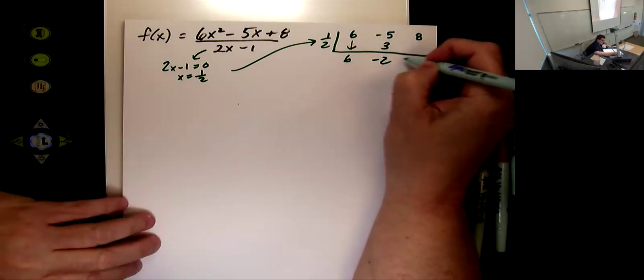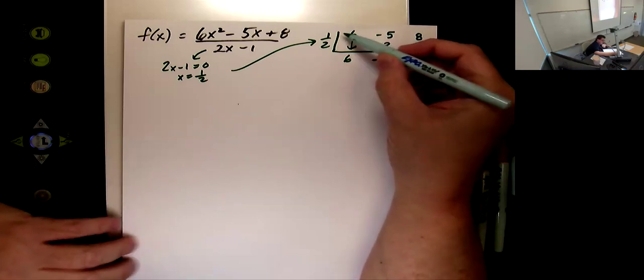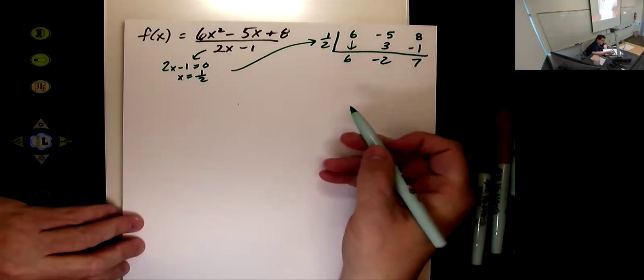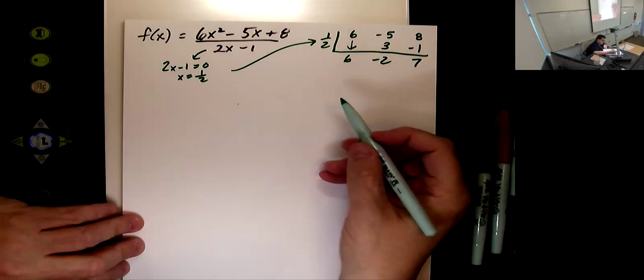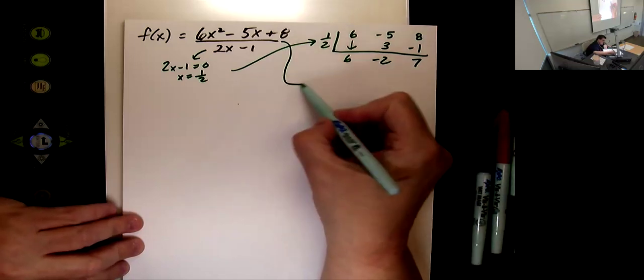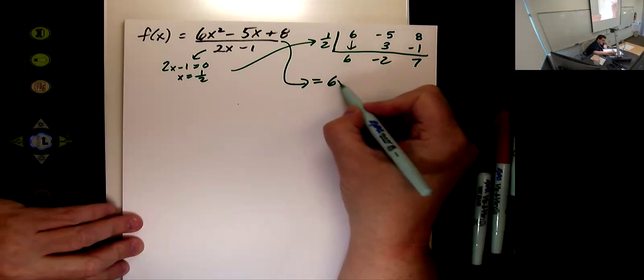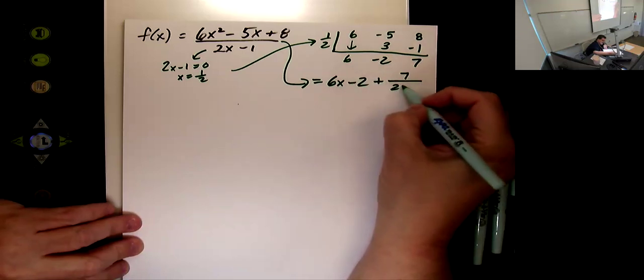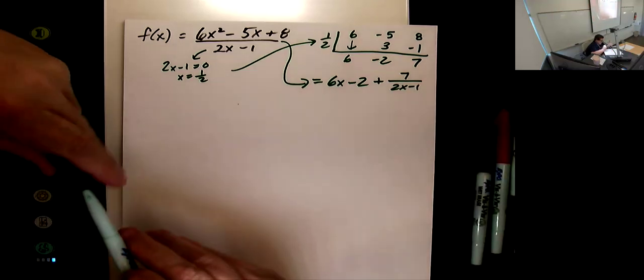Oh, this is pretty convenient. We're not going to have any more fractions. 1/2 times -2 is -1, and then we have a 7. So the answer I'm getting is 6x minus 2 plus 7 over 2x minus 1.